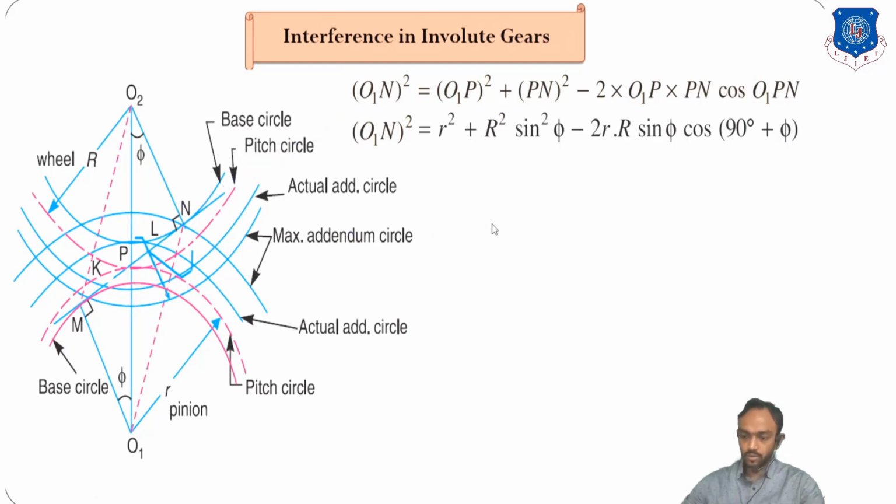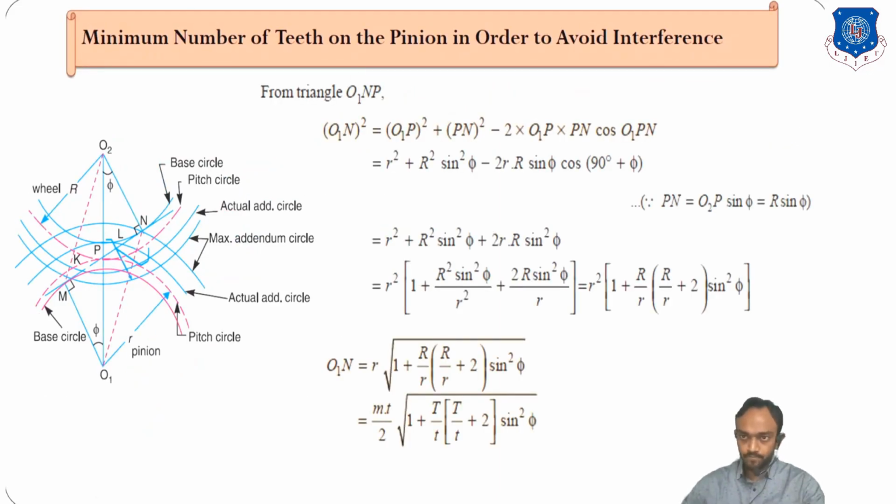So we are going to derive the whole equation here: O1N squared equals r squared plus capital R squared sin squared phi minus 2 r R sin phi cos(90 plus phi). You can see cos(90 plus phi), in the second quadrant, cos is negative, so cos(90 plus phi) is equal to minus sin phi, and the minus becomes plus sin squared phi.